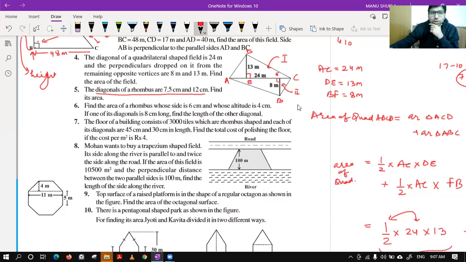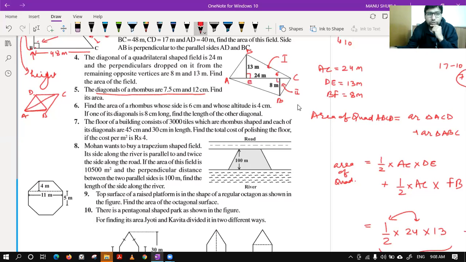That's it. So you make a Kaju Katli or you make a parallelogram, both are correct, but sides should be equal. So let me make the parallelogram for you like this. You make it like this, but make sure it is looking like a parallelogram. So this is the parallelogram ABCD in which AC and BD are the diagonals.